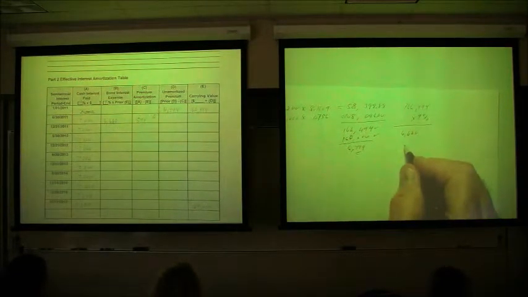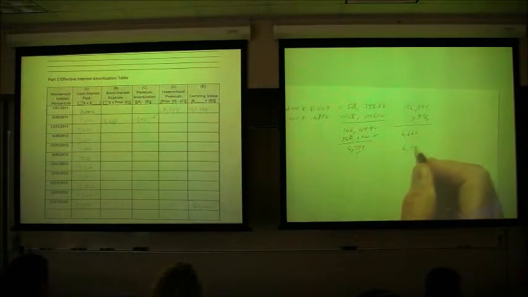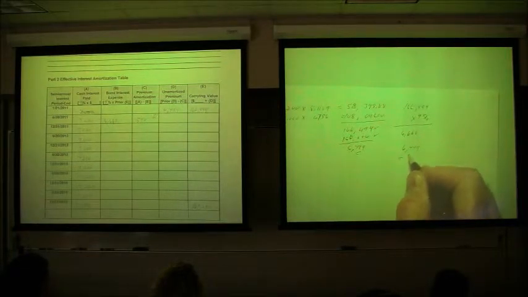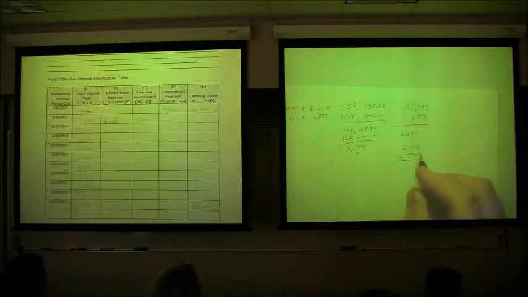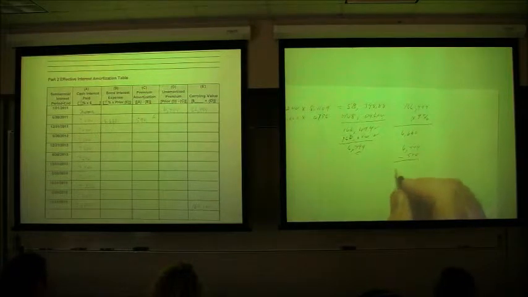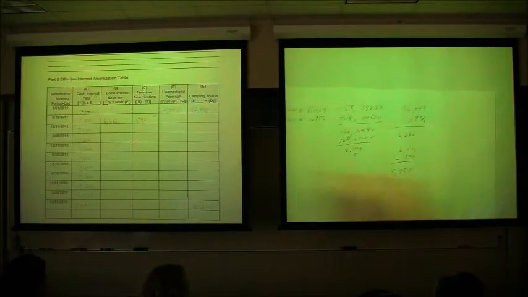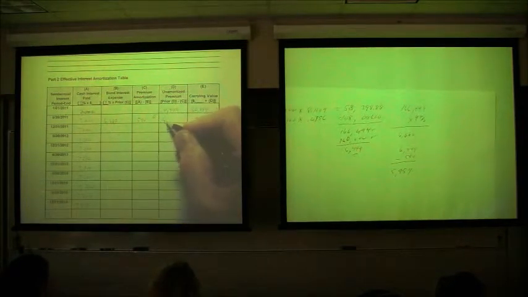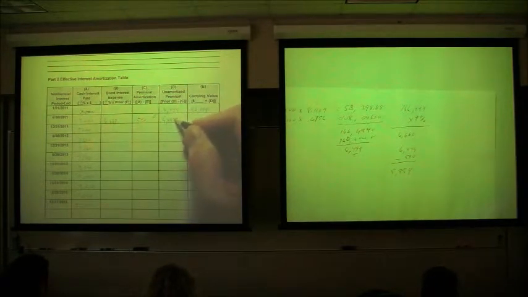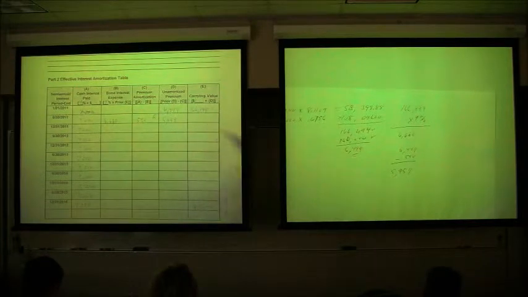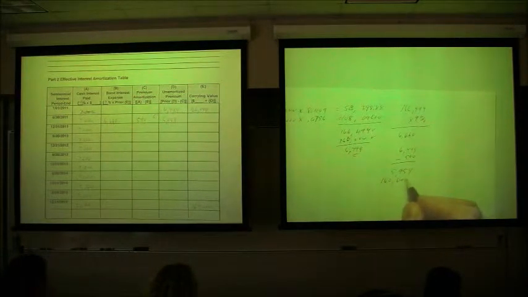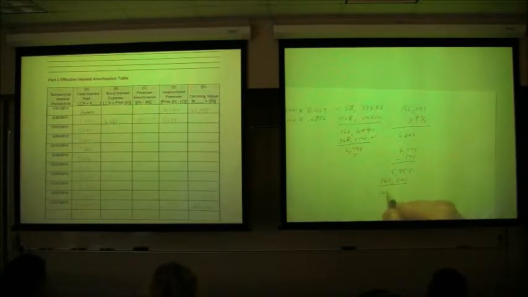Then if we have 6,494 minus the 540, that means there'll be $5,954 of the premium left. And the carrying value will now be the premium plus the principal. So the carrying value of this will be $165,954.